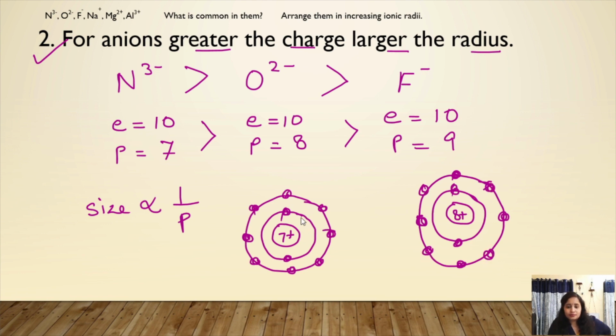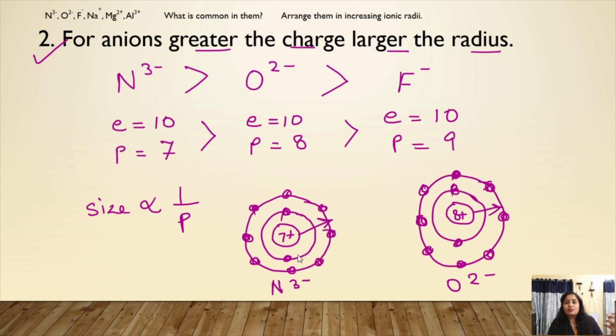Now see, this is for nitrogen, N3 minus, this is for O2 minus. More the positive charge in comparison to the nitrogen, here it is plus 7, here it is plus 8. The distance is same. If we understand like this also, distance is same.